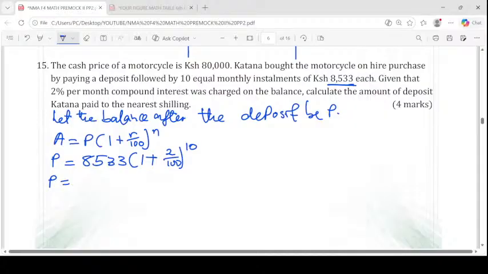Wait, let me see. No, have I really done it the right way? Let us relook at the question. The deposit here is, do we have the deposit? No, we don't have the deposit with us.